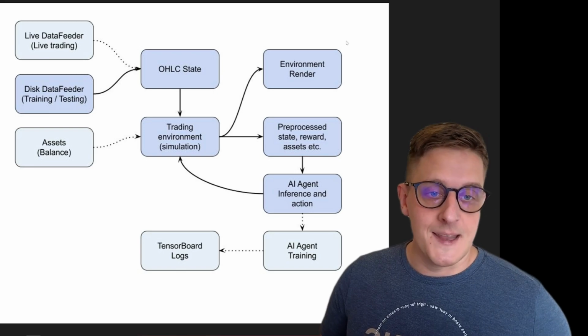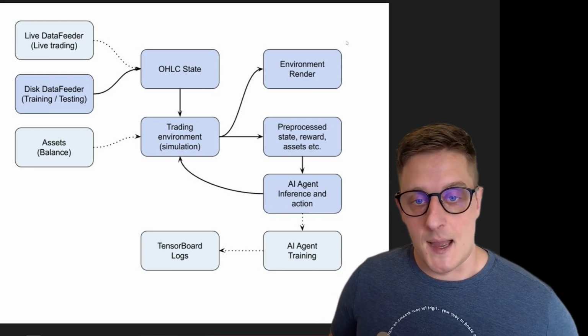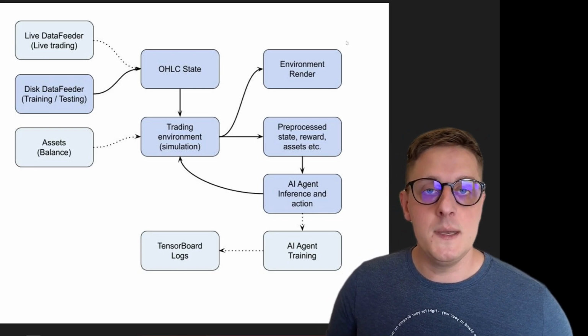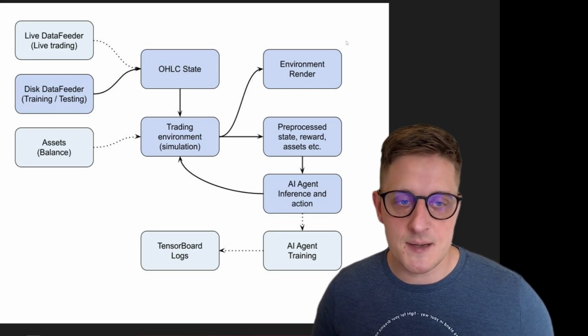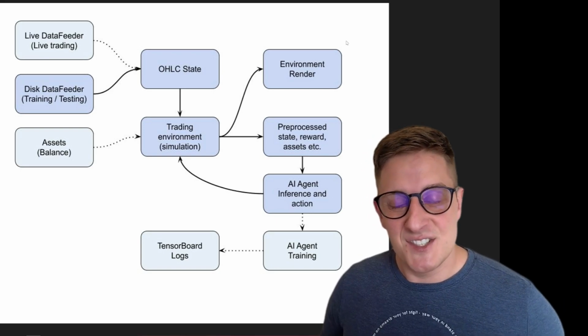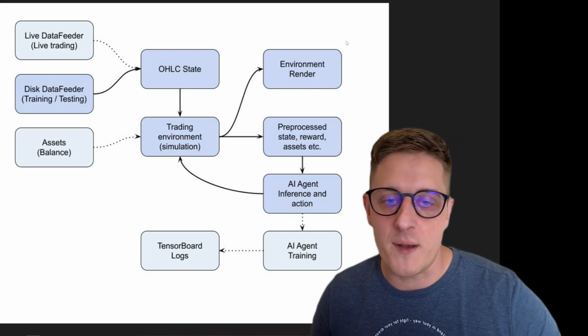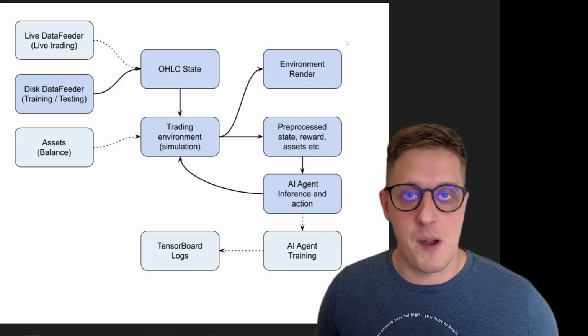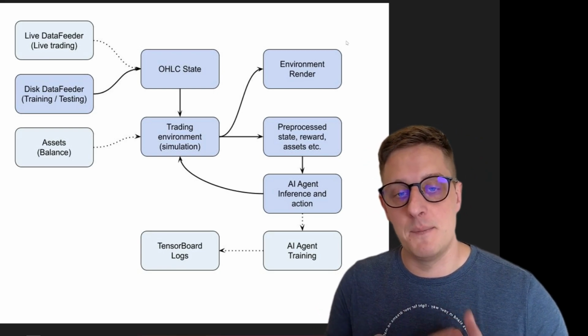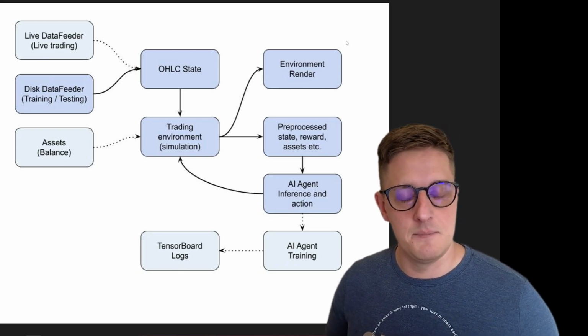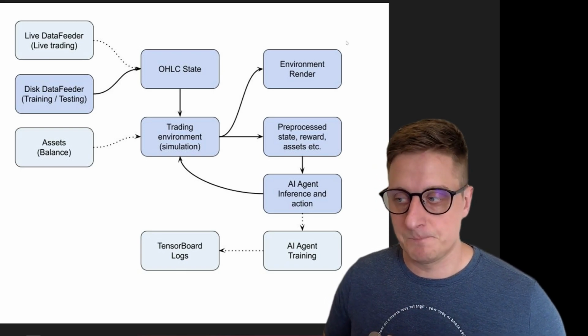Another step that we do is that usually we need to do some pre-processing or reward calculation, etc. Assets change so we know what the results from our previous action are. I'm not fully implementing this, but I already partly implemented it, so I'll show you this.